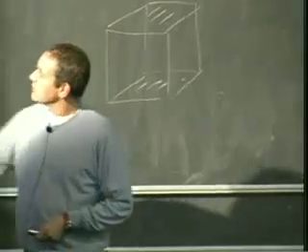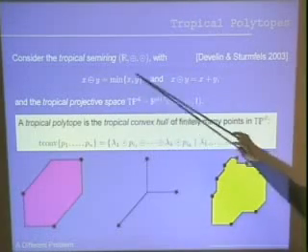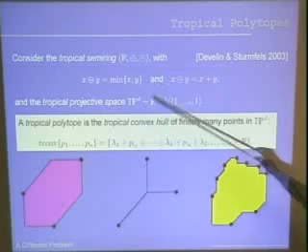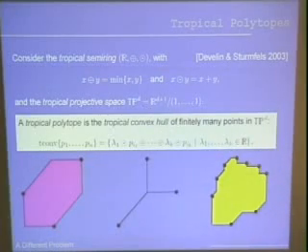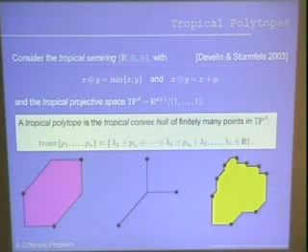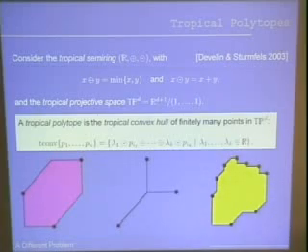We are now considering the tropical semiring, with tropical addition being the minimum and the multiplication just being ordinary addition as before, and the tropical projective space, which makes sense if you're considering tropically convex sets in R to the d plus 1, because they are closed under tropical scalar products, and that's why we factor that out.